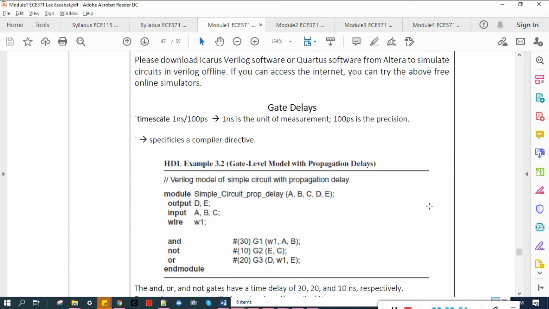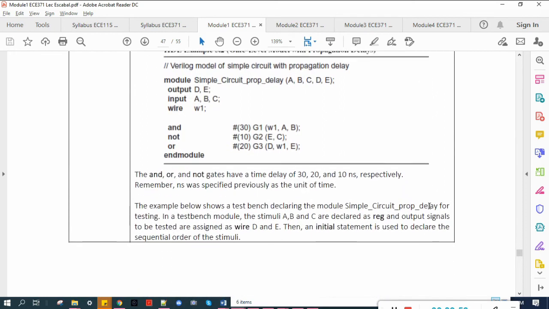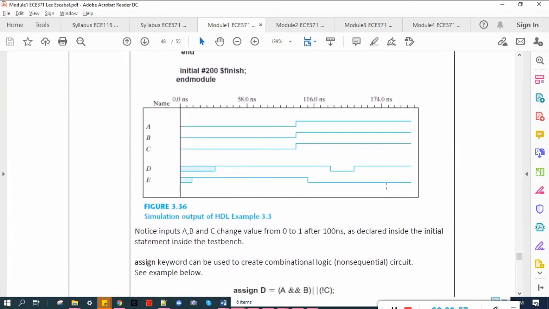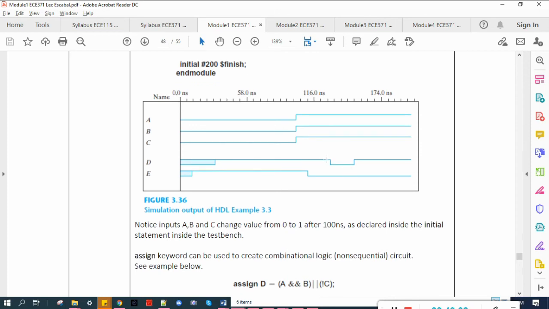This is 30 nanosecond delay. So our output is stable at that propagation delay. That's the effect of the delays in our logic gates.